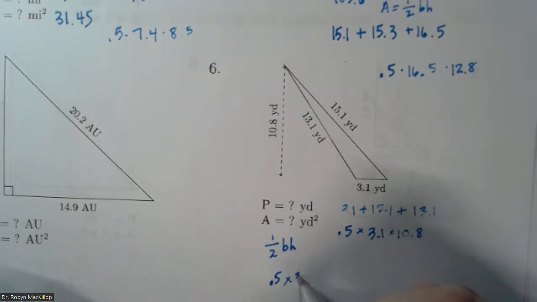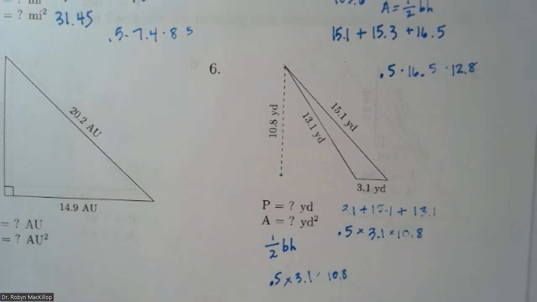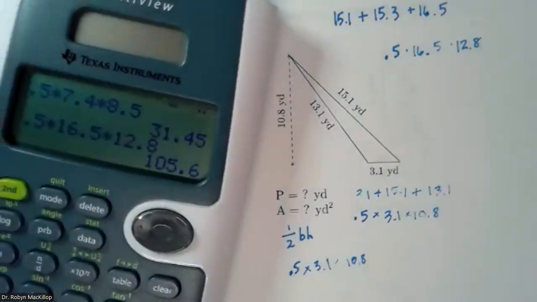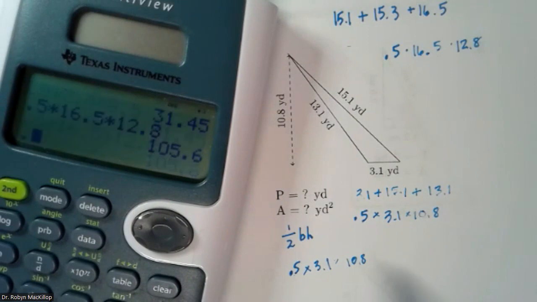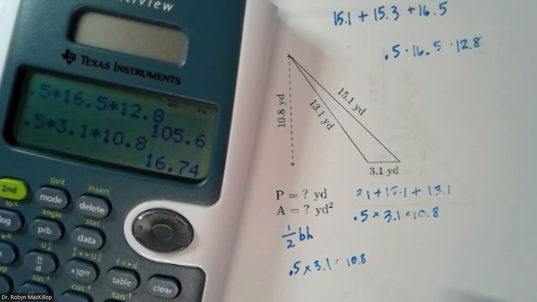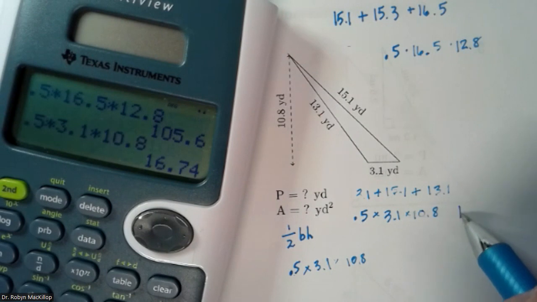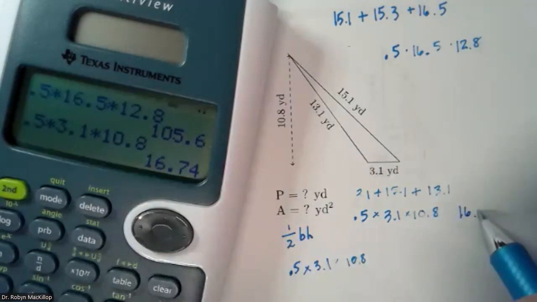And your 3.1 base and your 10.8 height. And your calculator will do that nicely for you. 0.5 times 3.1 times 10.8, 16.74.